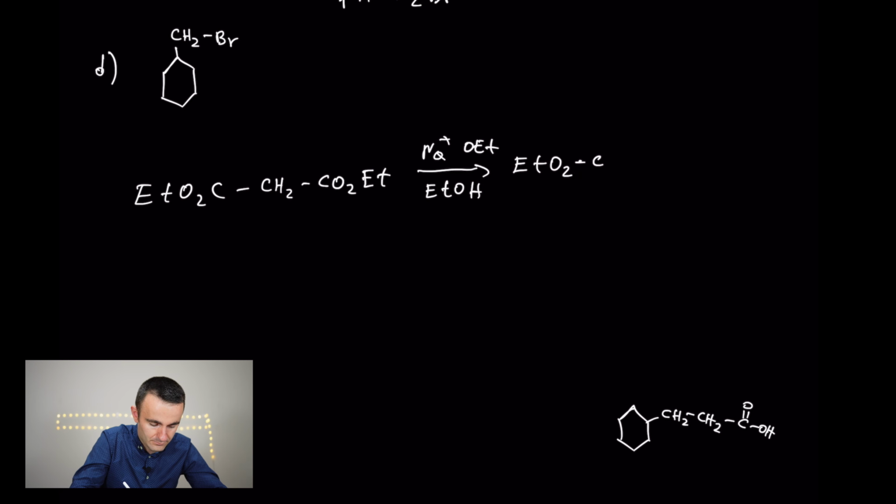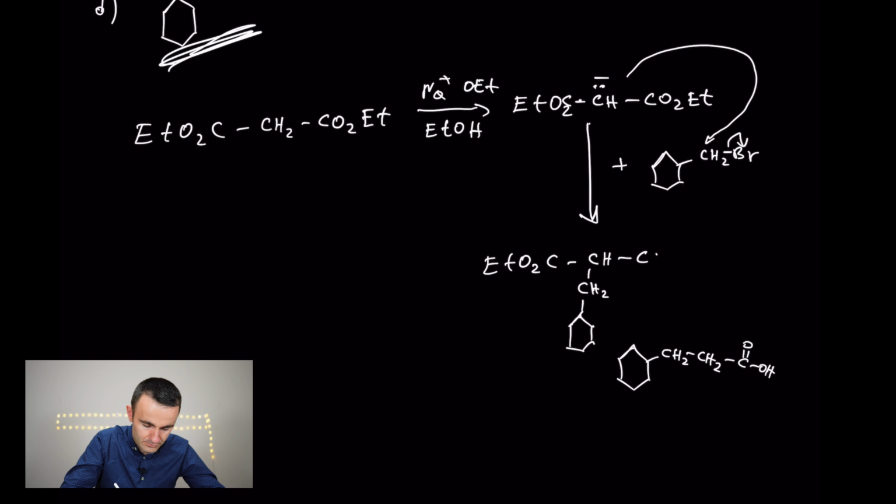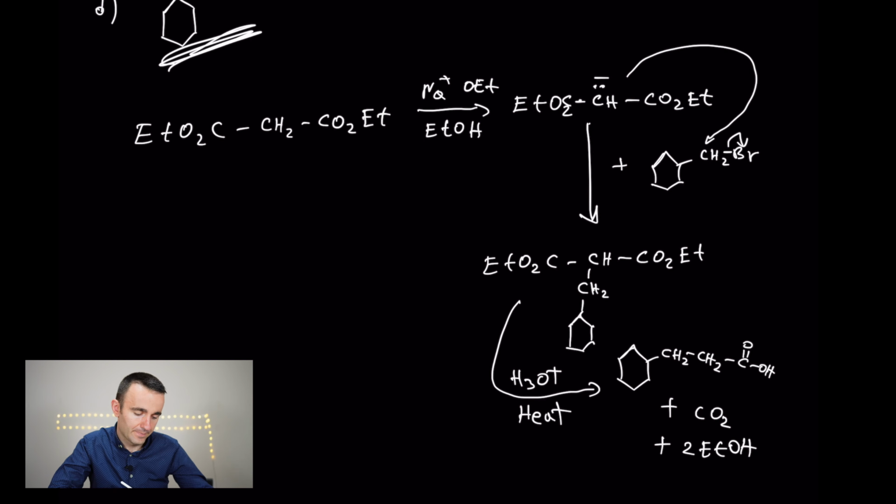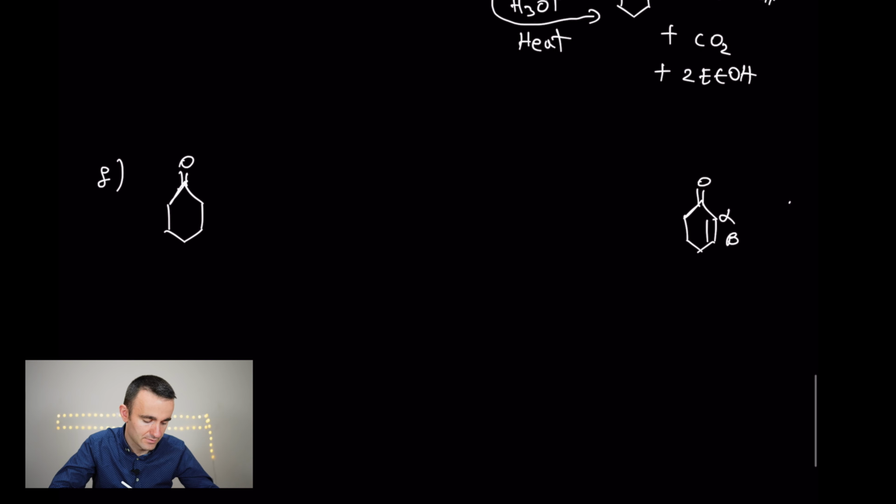And as a final product, because you're going to have the formation of this compound, to go to this one, you need H3O plus in hot conditions, heat, plus this what remains, CO2 plus 2 molecules of ethanol, right? Malonic ester synthesis.